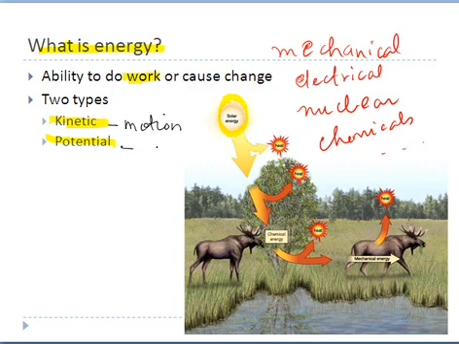However, potential energy is the stored form of energy. So for example, if you fill up your car with gasoline, that is the stored energy. And when you run the machine to run the car, the stored energy is converted into kinetic energy. So these are the two main forms of energy.